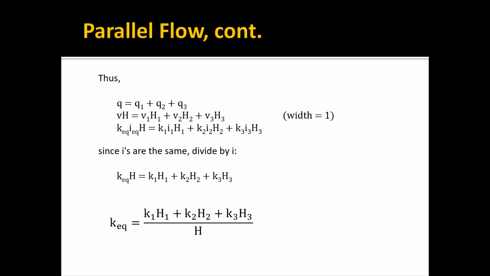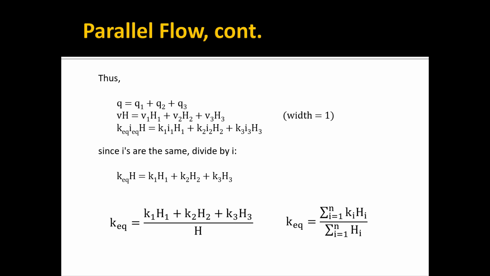The equivalent hydraulic conductivity is equal to this expression on the right, and you can put that into a summation form. Basically, if you sum the individual thicknesses times hydraulic conductivity, which is also the transmissivity, and divide that by the total thickness, you get an equivalent hydraulic conductivity.